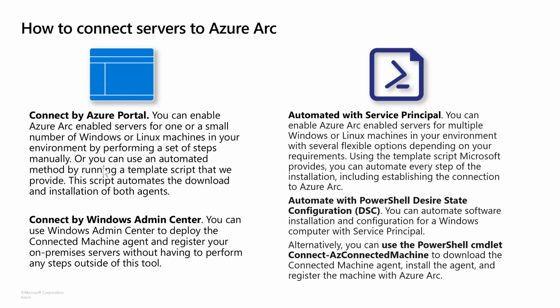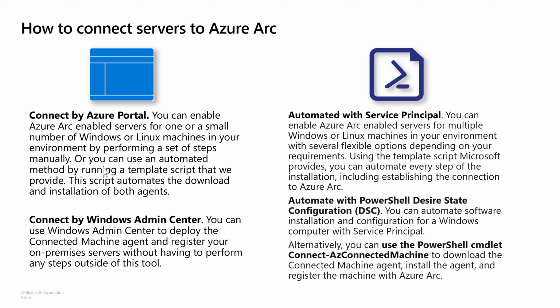So you add the script to your build script, and this build script just joins the new machine automatically. At the same time, you can use the same service principal credentials for a global deployment. For a big organization, it could be better to use PowerShell Desired State Configuration, DSC, to automate joining all machines.